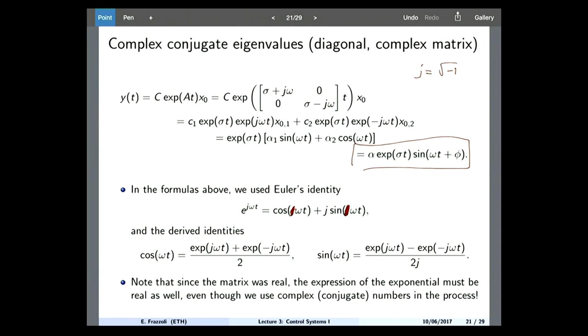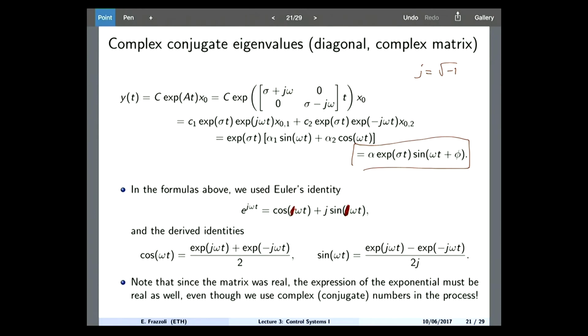Now, this is one of those things where you need to take a leap of faith, right? Even though I had these complex eigenvalues, and I have no idea what those complex numbers will be in real life, since you always have complex conjugate eigenvalues, at the end of the day, when you do all the calculations, what you get is actually a real function, right? Because that's what you were hoping for.